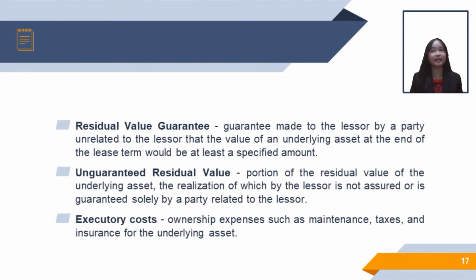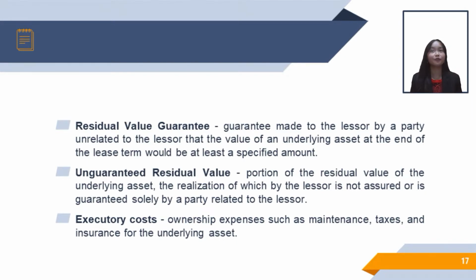Ibig sabihin, hindi guaranteed na si lessee yung magbabayad ng kulang. And also, remember, yung measurement ng lease liability, hindi kasama sa computation nun yung unguaranteed residual value since hindi naman yung lessee ang magbabayad dito. Tandaan na pag kinompute ang implicit interest rate, kasama si unguaranteed residual value doon.